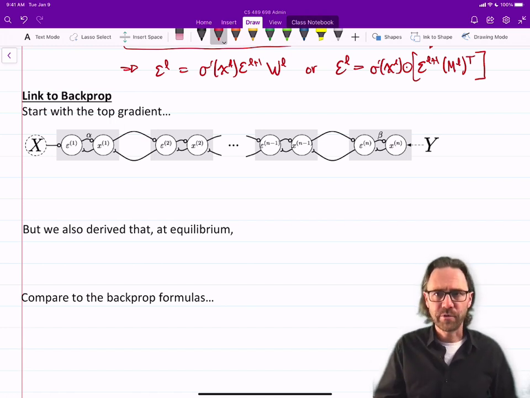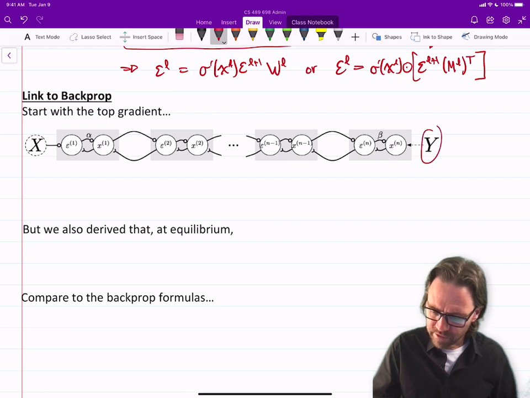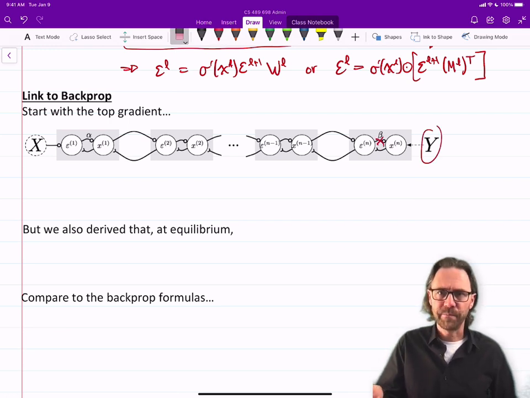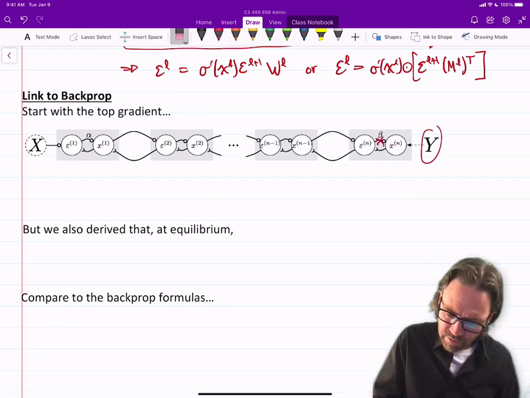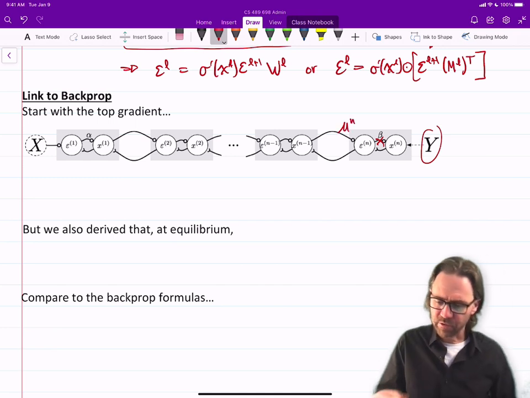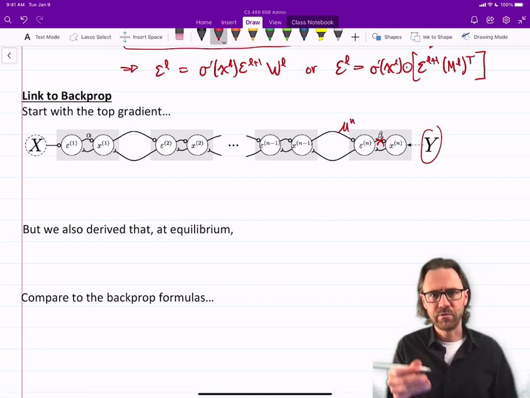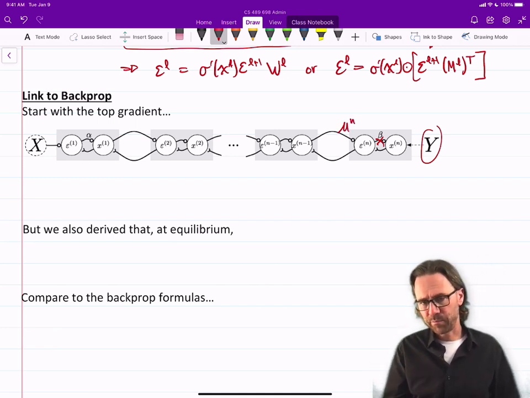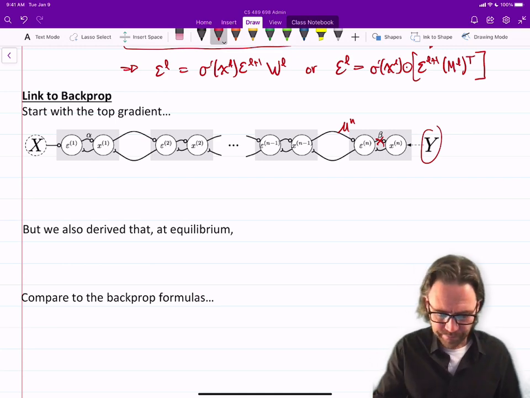So if we start with the top gradient, remember we got a fixed y, this connection is not doing anything, but we do have this mu n coming up from the layer below. So this epsilon n is going to be the difference between the prediction and the actual state at the top, the target state that we want.